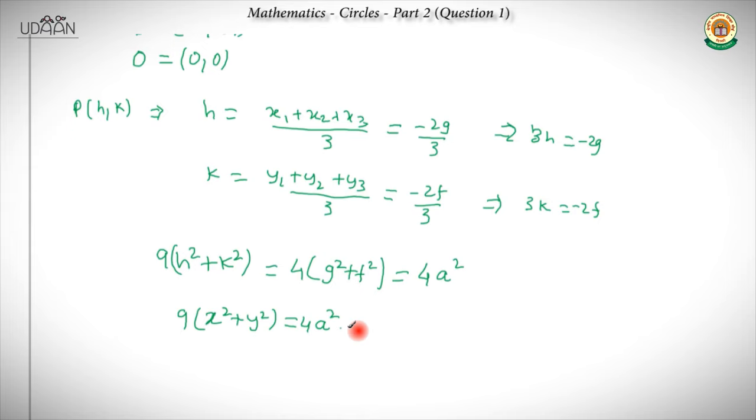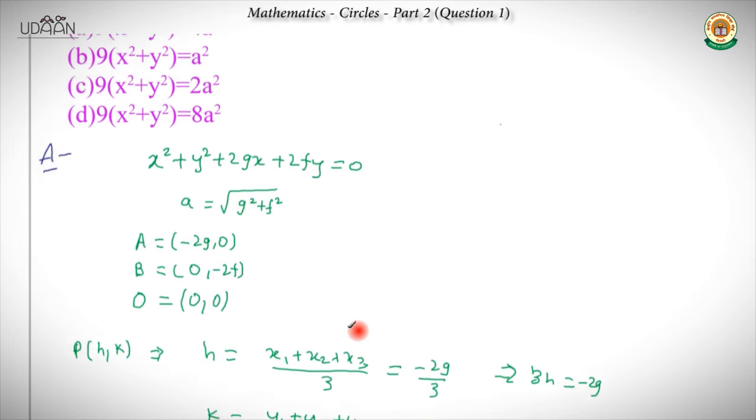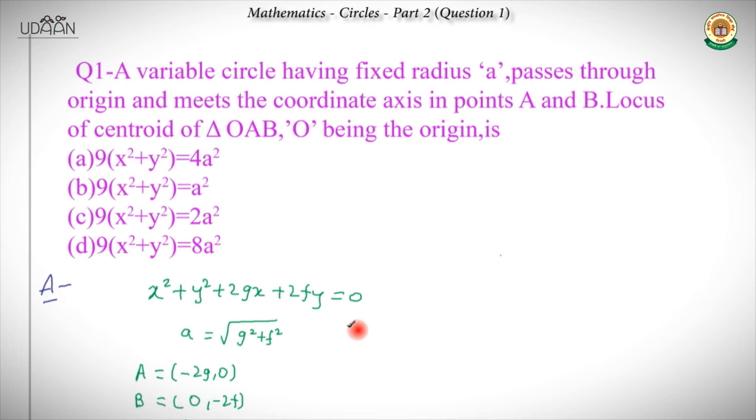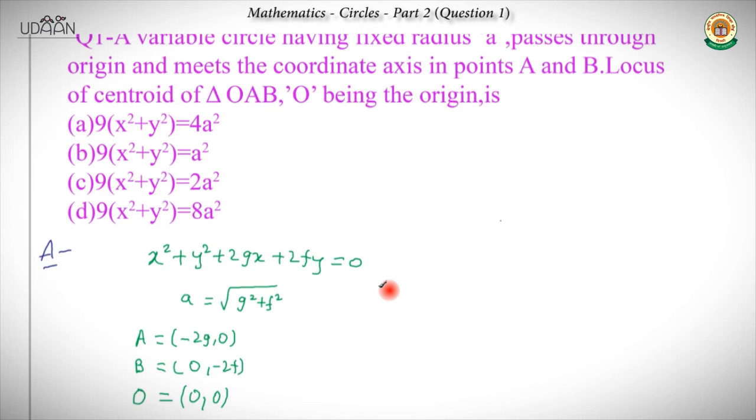So what we saw in this question was that a circle was given with certain restrictions, such as the circle cutting the coordinate axes, and we had to find the locus of the centroid of the triangle. We started with the general equation of the circle passing through the origin.